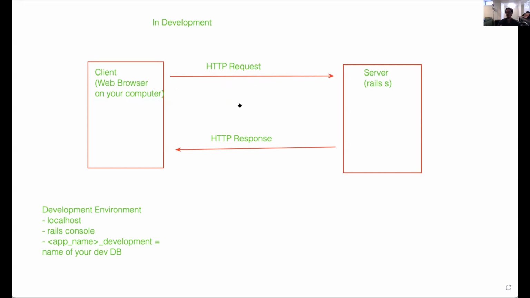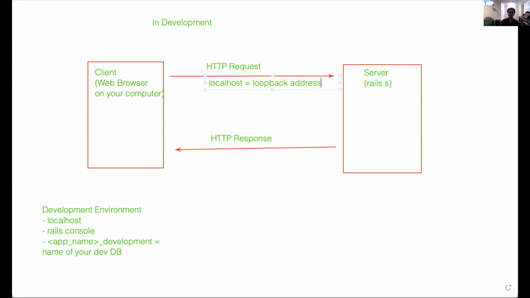This HTTP request doesn't actually go out into the internet. Remember that diagram I showed you on day one of the connection of fiber optic cables and everything. This HTTP request doesn't actually go outside of your computer. It goes to localhost, which is known as the loopback address.